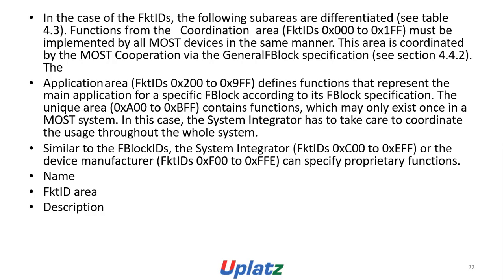The application area, FktIDs 0x200 to 0x9FF, defines functions that represent the main application of a specific FBlock according to its FBlock specification. The unique area, 0xA00 to 0xBFF, contains functions which may only exist once in a MOST system.